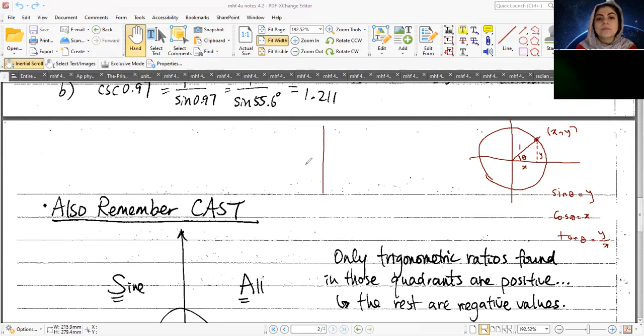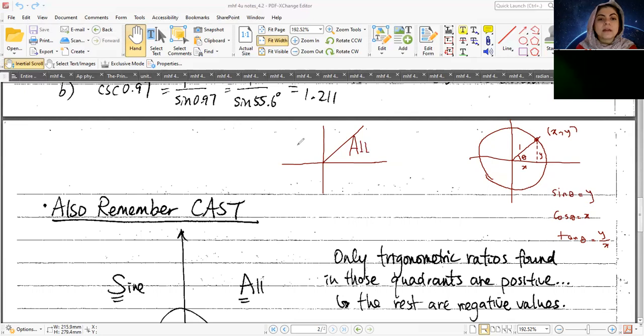How does it help you? When your angle is here, the x and y in this quadrant are all positive. That means sine is positive, cosine is positive, and tan is positive. So in this quadrant, all are positive.